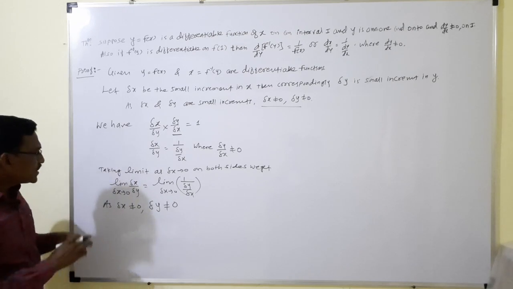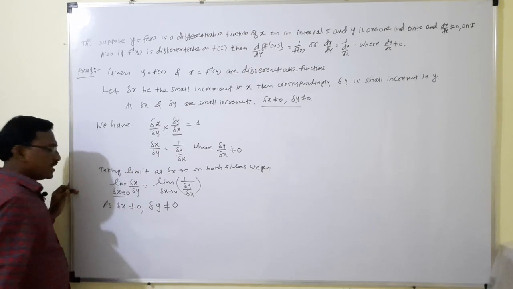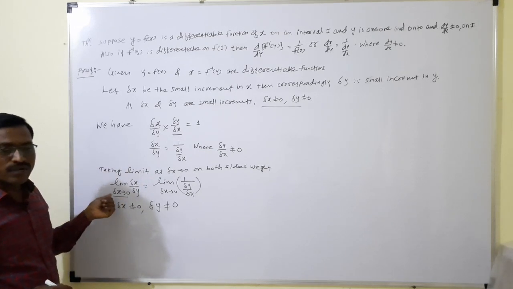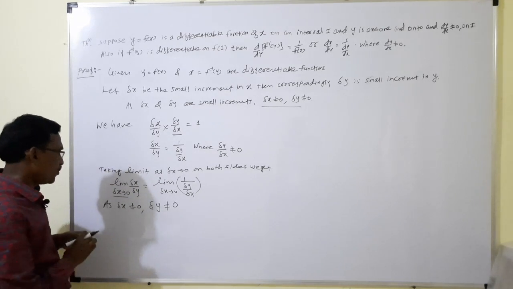That's why we change the limit here: instead of delta x, we take delta y tends to 0.